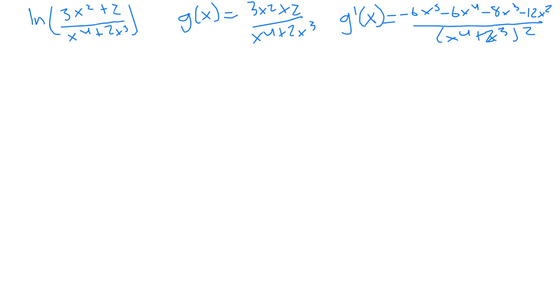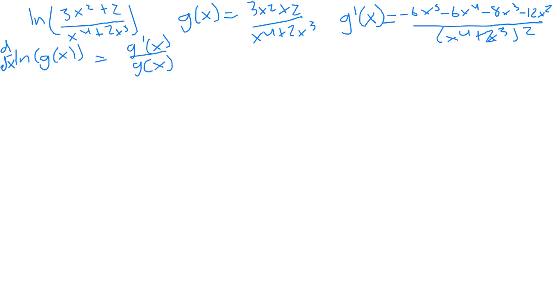All right, so now let's plug this in. So we know that our log rule is going to give us that the derivative of the natural log of g of x is going to equal g prime of x over g of x.